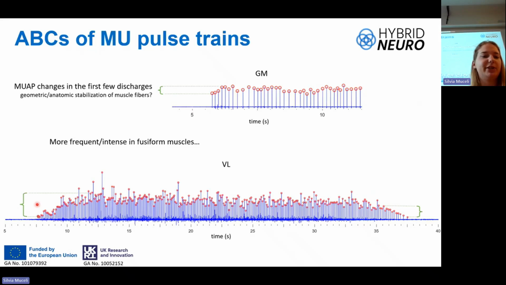And here we can see the ramp up phase, hold phase, and ramp down phase. And the same for the muscle gastrocnemius medialis. Gastrocnemius medialis is a pennate muscle, while vastus lateralis is a fusiform muscle. And fusiform muscles demonstrate bigger change in amplitude during increasing contraction.